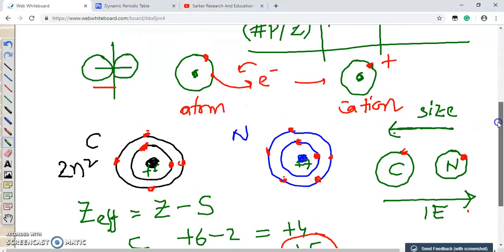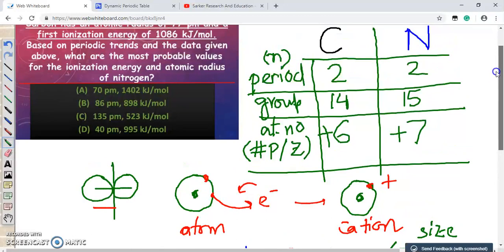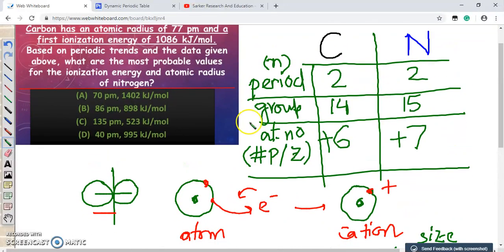So now we can finalize which one will be the right choice. We had the options of A and D. Both have the atomic radius of nitrogen less than carbon. But the ionization energy has to be greater than carbon. The ionization energy of carbon is 1086. 1402 is greater than 1086, but 995 is less than 1086.